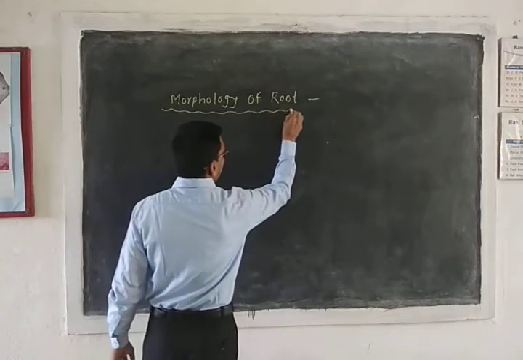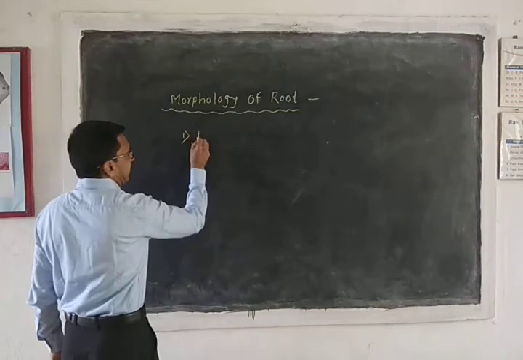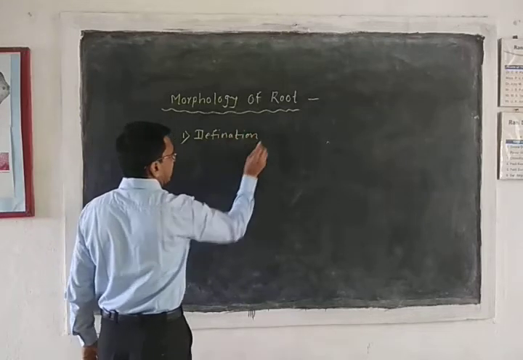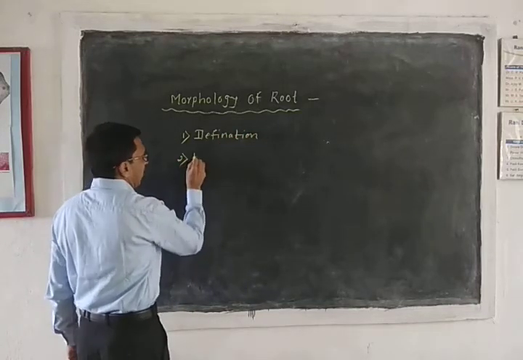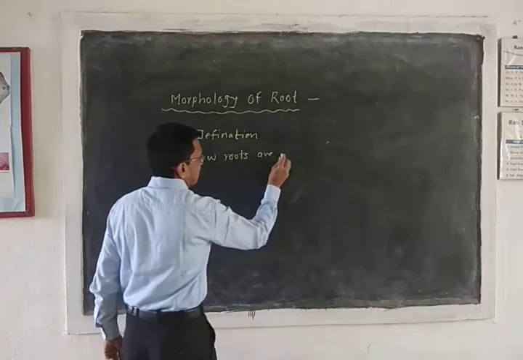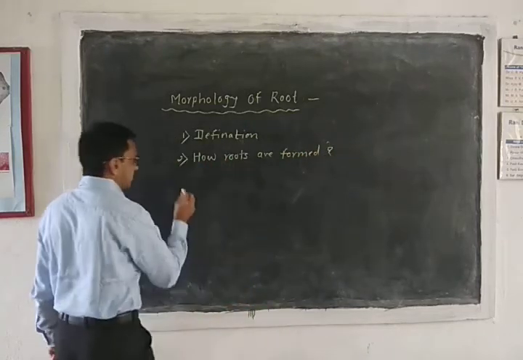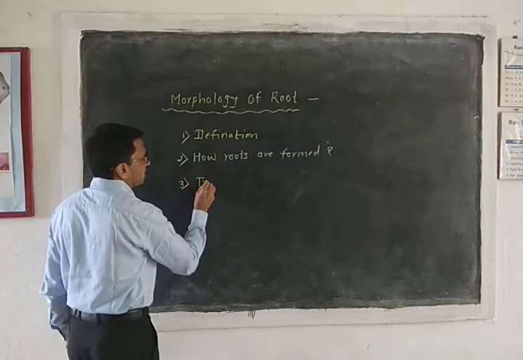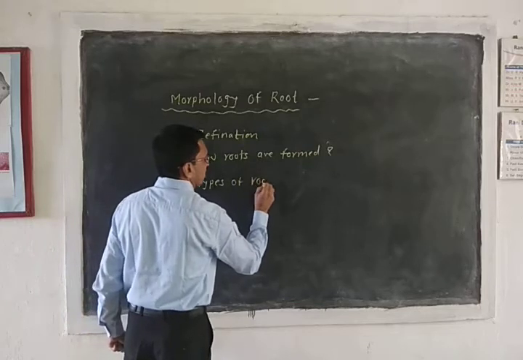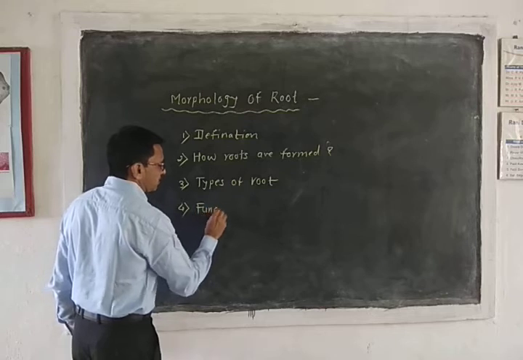In the morphology of root, we study the definition of root, second, how roots are formed, third point is types of roots, and last, functions of roots.